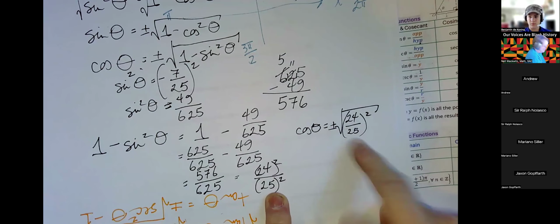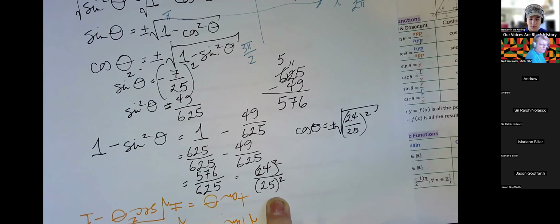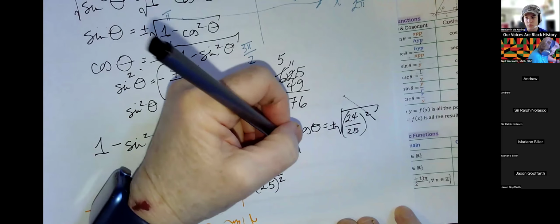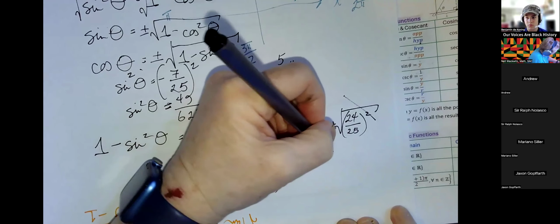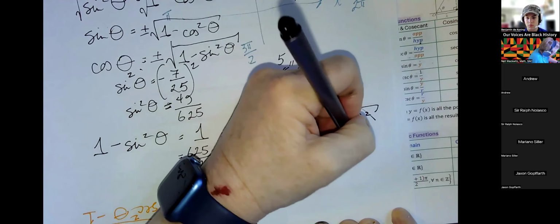Yes. Okay, good. And why would it help us as far as ideas go? Why does it help to put everything squared if it's under a square root? So we can just get rid of that one square. Good. So now we have that the cosine of theta is positive or negative 24/25.